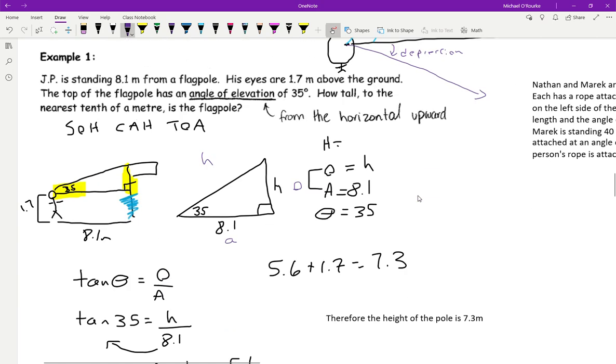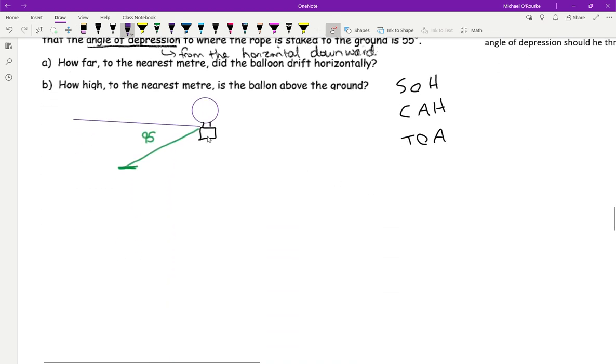So depression's going down. Now since Sam's in the basket up here, he's looking straight out here. So the 55 is going to go in here. And then we can continue this triangle. That's a perfect triangle.